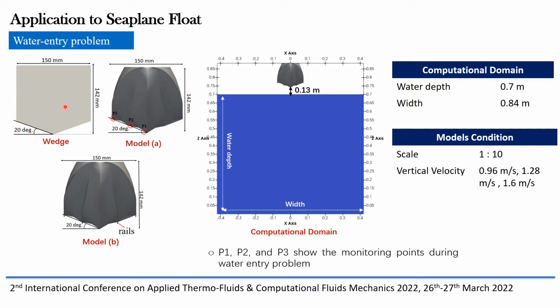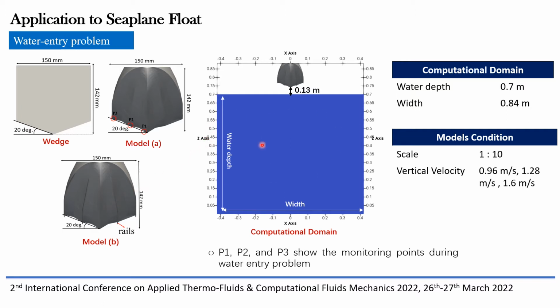This is the wedge model that has a flat bottom surface compared with model A and model B that have a double flare here. Specifically in model B, I add rails as an additional part to reduce the impact pressure here.